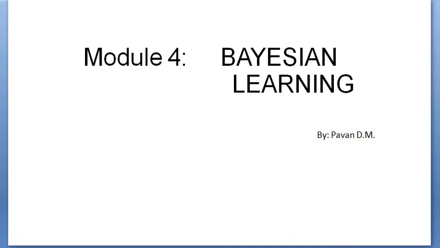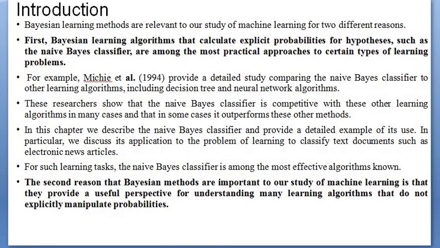learning. Before going to Bayesian learning, first we should have a look at some introduction about Bayes and Bayes theorem and what Bayesian methods are. Bayesian learning methods are relevant to our study of machine learning for two different reasons. The first one is that it will explicitly calculate the probabilities for hypotheses.